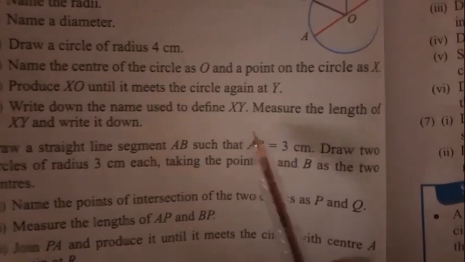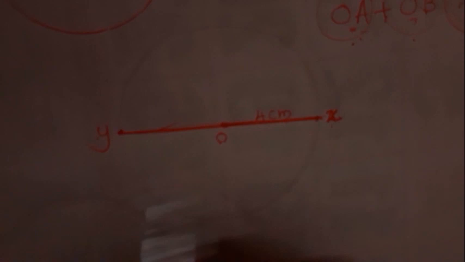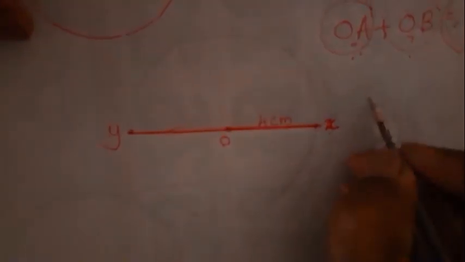Write down the name used to define XY. Here X and Y. What is the name you are using for X and Y? You have to write what is the name for XY. Measure the length of XY and write it down.